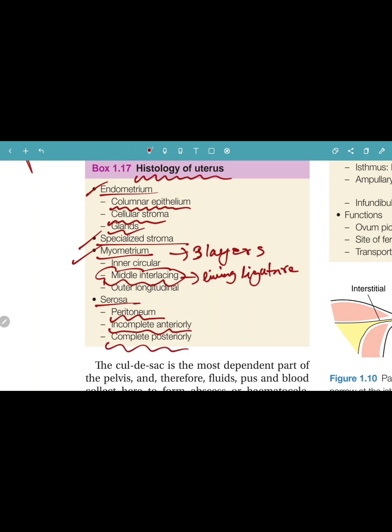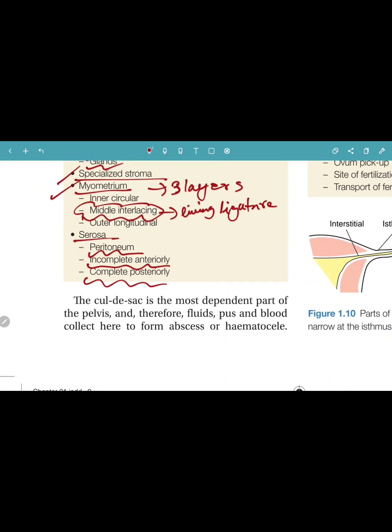So yeah, the histology of uterus: endometrium, specialized stroma, myometrium, 3 layers, living ligature, serosa, peritoneum, incomplete anteriorly and complete posteriorly. The cul-de-sac is the most dependent part of the pelvis, and therefore fluid or pus and blood will be collecting here to form abscess or hematocele.